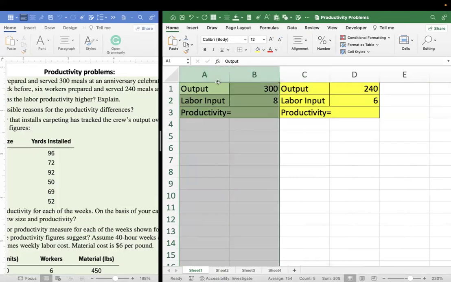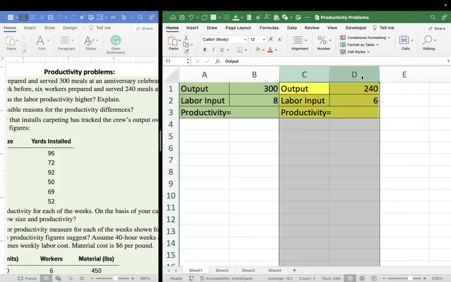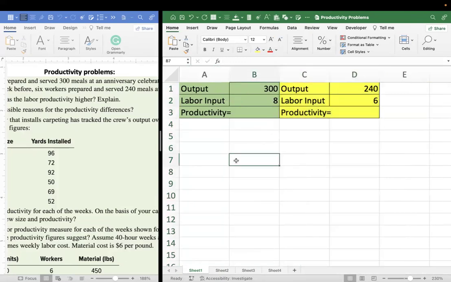So I will separate them, which means I'll be making 4 columns. These 2 columns represent 1 week, and this represents another week. And the formula for productivity is a ratio of output and input. So I will press the equal sign and 300 divided by 8.